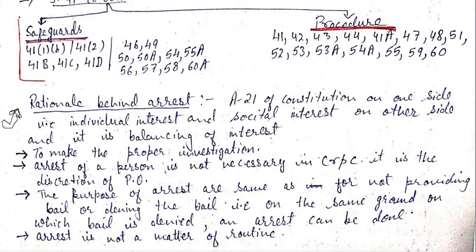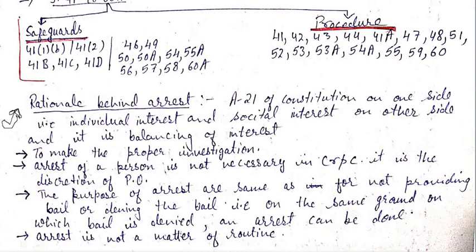So in that kind of cases, whenever the accused is arrested, the reasons for arrest are to be recorded. And if the accused is not arrested, then also the reasons are to be recorded why the accused is not arrested. But any offense which is punishable with 7 years or more is considered to be a grave offense. So in those cases, the reasons are not to be recorded. But in those cases also, the arrest is not mandatory.